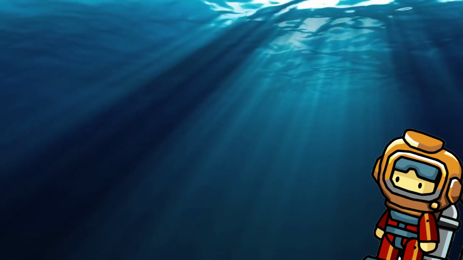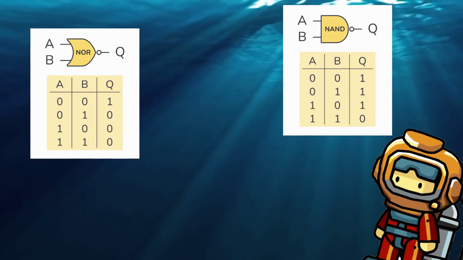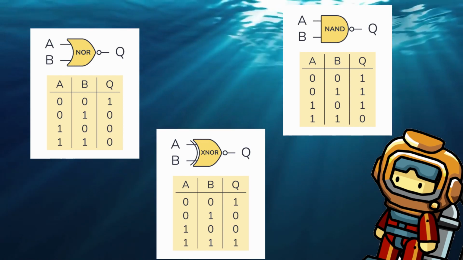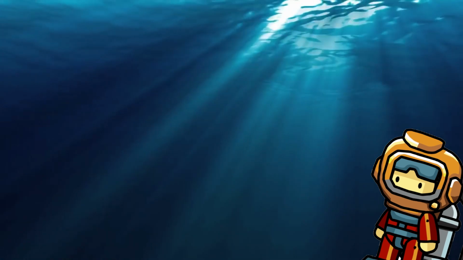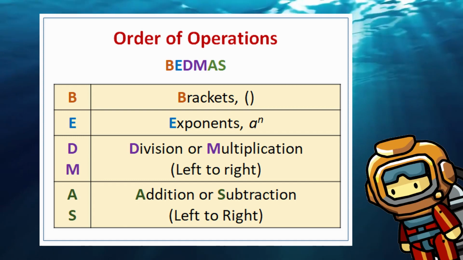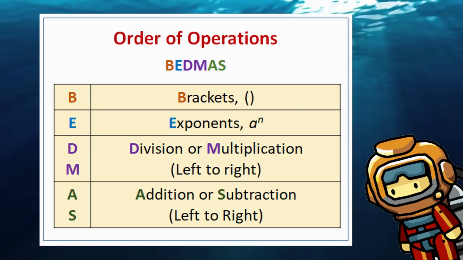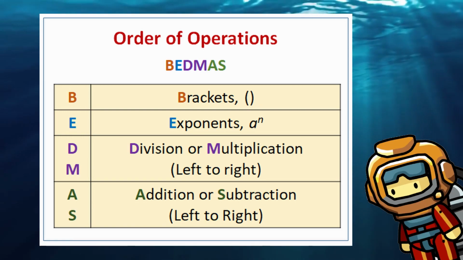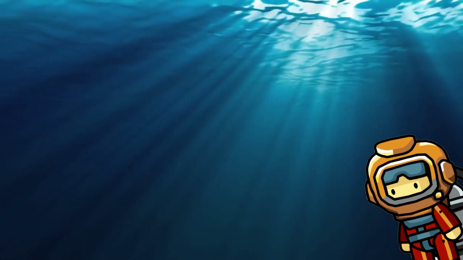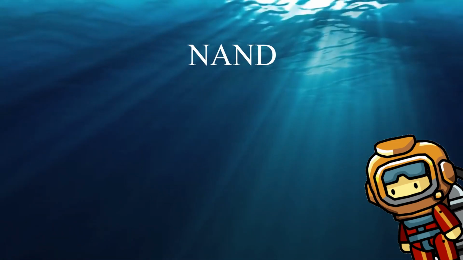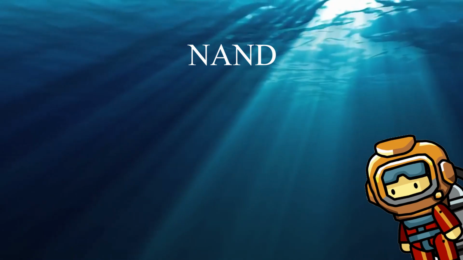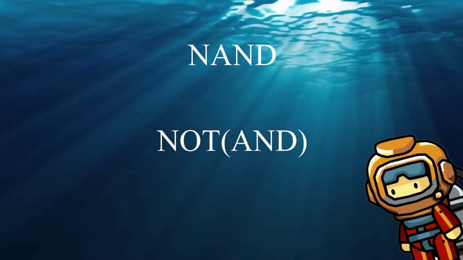Now you may be thinking, where are the NAND, NOR, and XNOR gates, right? Well, BEDMAS works the same in making logic gates as it does in math, which means that you can do something in brackets and then apply whatever is outside afterwards. This means that a gate like NAND can just be made by combining an AND gate and a NOT gate at the end.